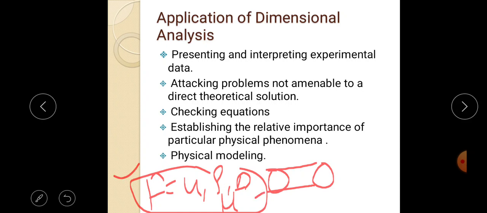So we have considered a smooth cylinder, and the drag force per unit length will depend on airspeed U, density rho, diameter d, and viscosity mu.